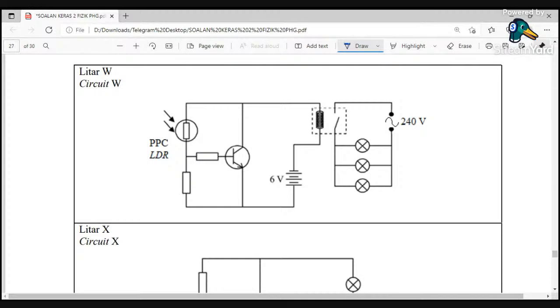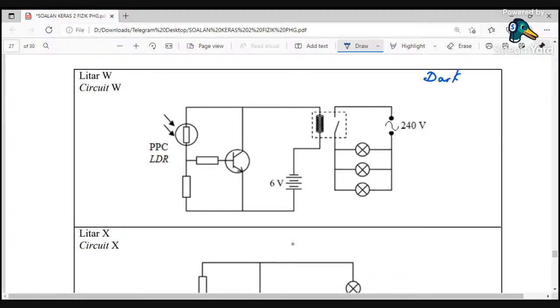First, if you want it to function at night, surrounding dark, the properties of LDR at dark or night time: resistance of LDR will increase, become very large.